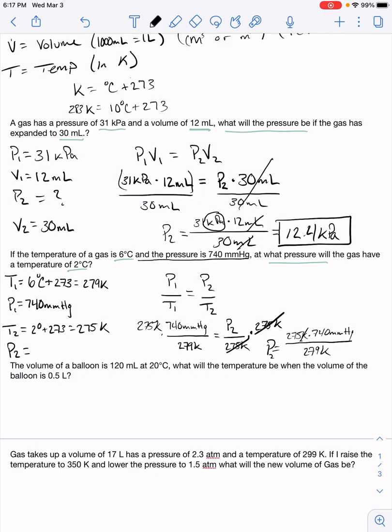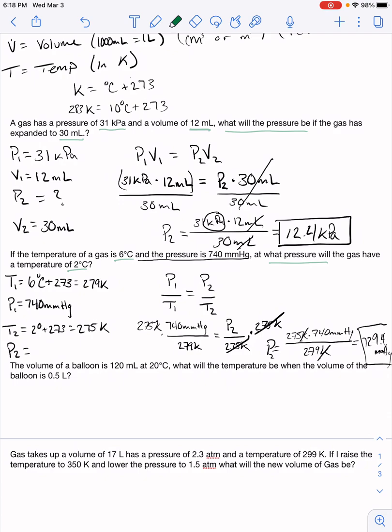Again, Kelvin cancels with Kelvin, and I get 275 times 740 divided by 279, and I get 729.4, and my unit that's left, millimeters of mercury. Sorry, that kind of got a little scrunched up there.